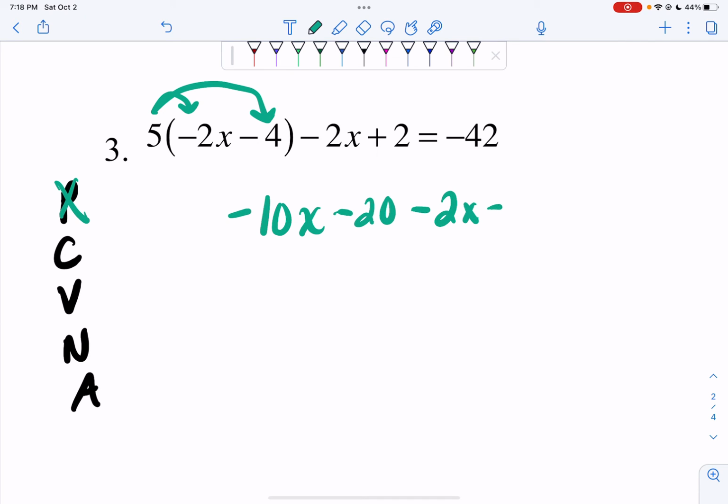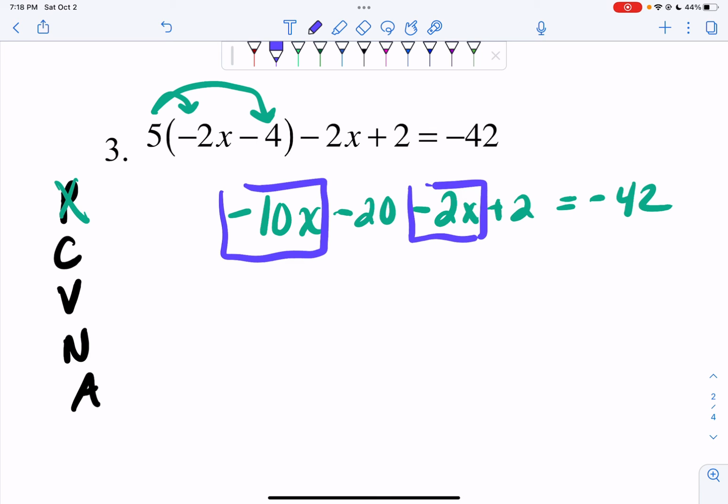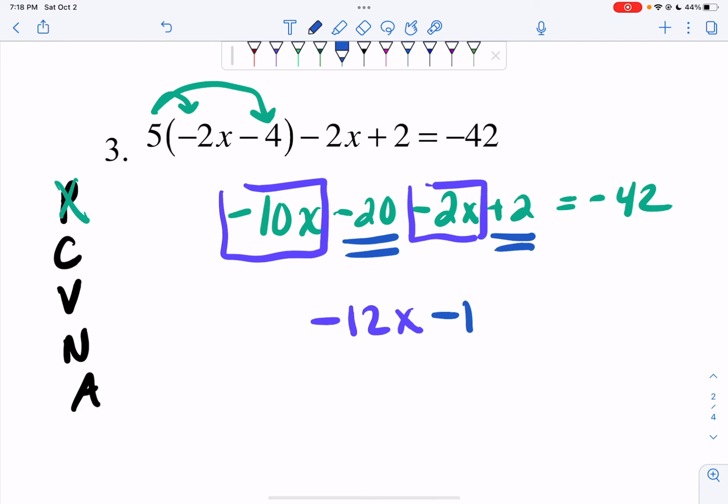And then I have my minus 2x plus 2, and that's equal to negative 42. I need to combine my like terms, so what can I combine with negative 10x? Negative 2x. Negative 10 minus 2 is negative 12, so negative 12x. And then negative 20 plus 2 is minus 18, and that's equal to negative 42.